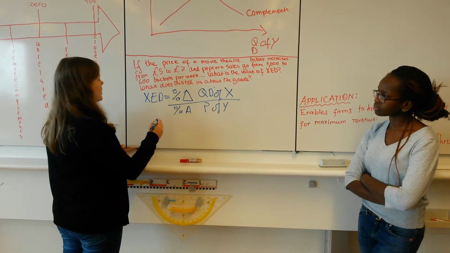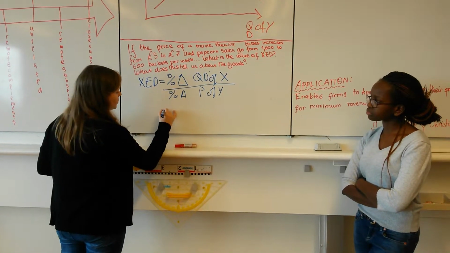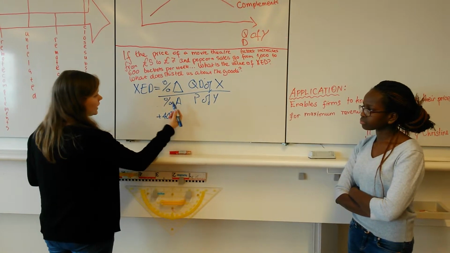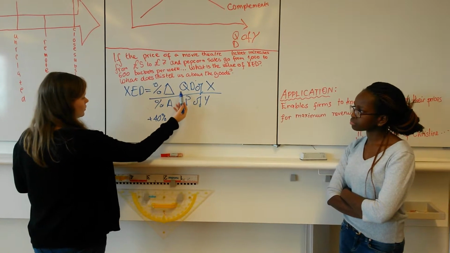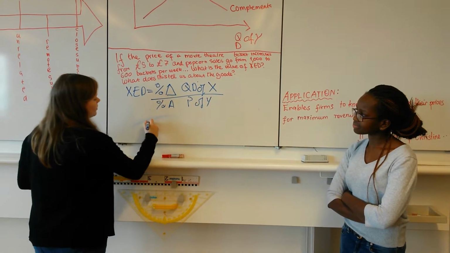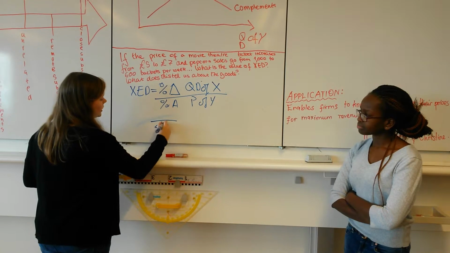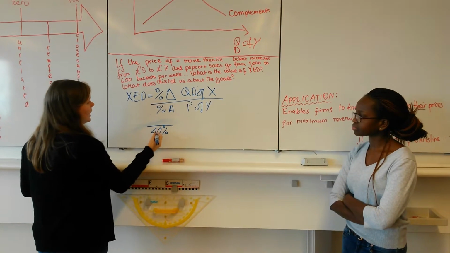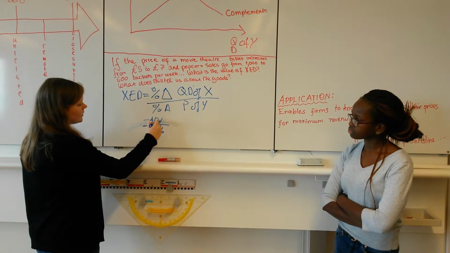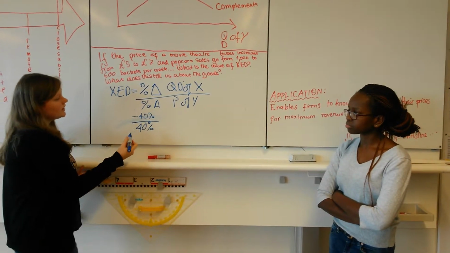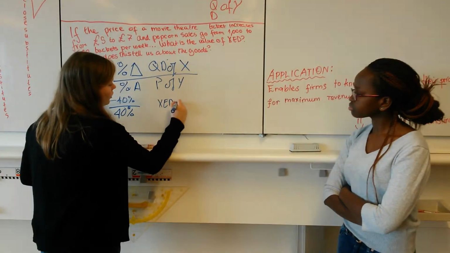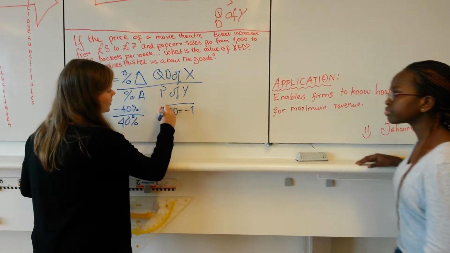Here, the percentage change in price is positive 40%. So on the bottom we have 40%, and on the top, you have QD, which is minus 40%. This gives us an XED, in this case, of minus 1.